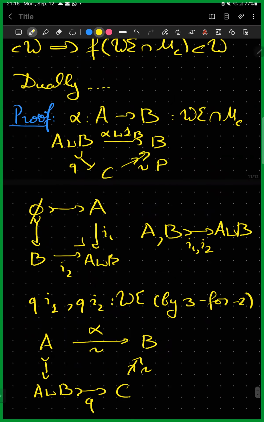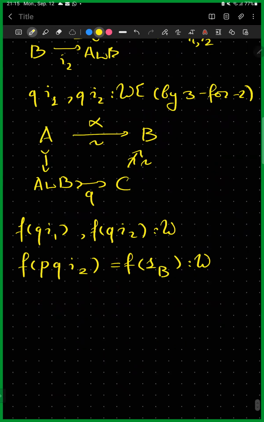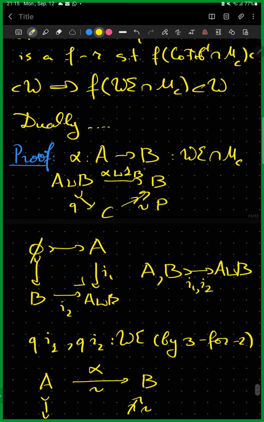P is a map from C to B. So PQI2 is clearly an identity on B, because from the very definition of Q and P.